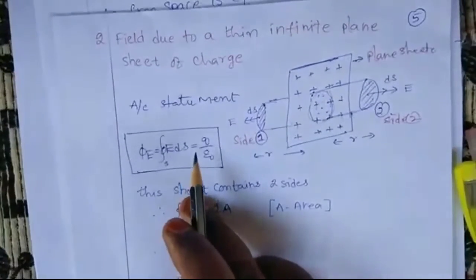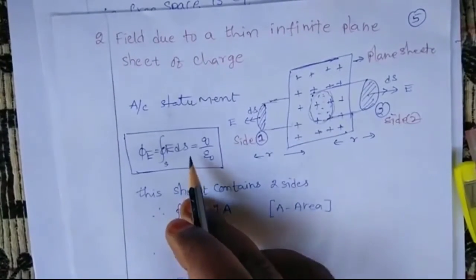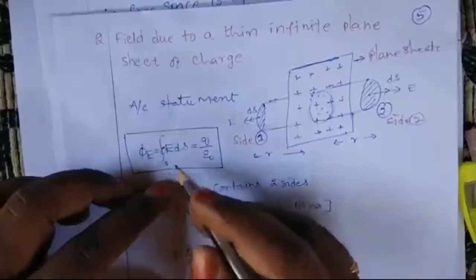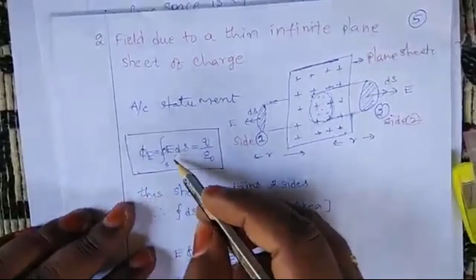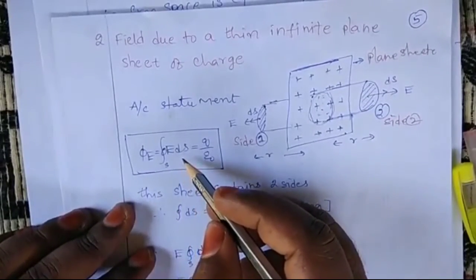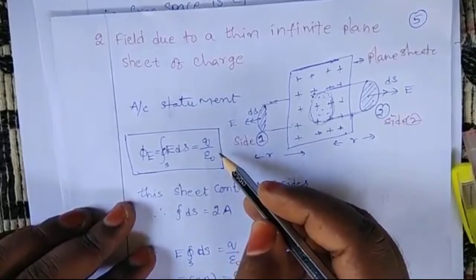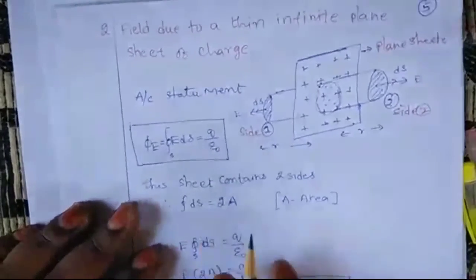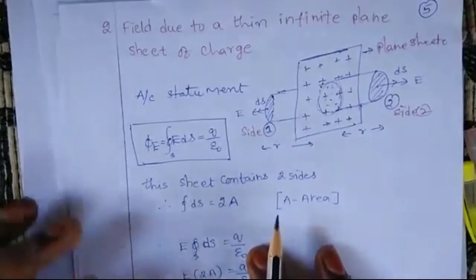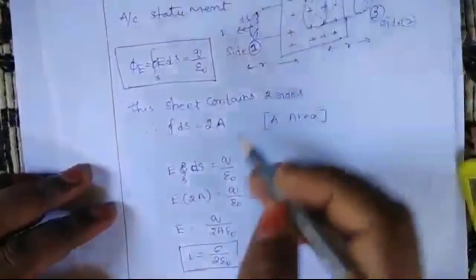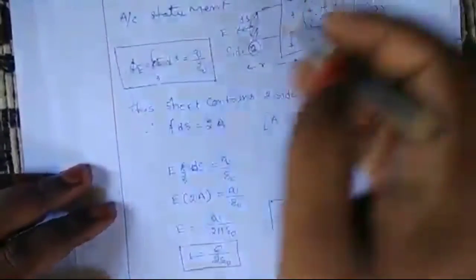According to the Gauss law statement, the surface integral of electric field intensity over a closed surface in free space is equal to 1 by epsilon naught times the total charge. The infinite plane sheet contains two surfaces, meaning two sides.